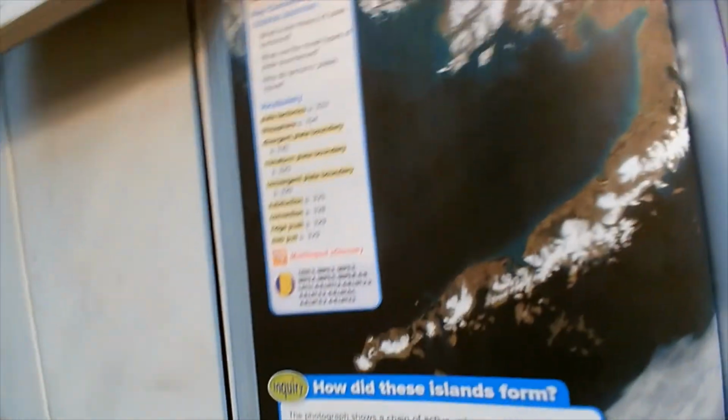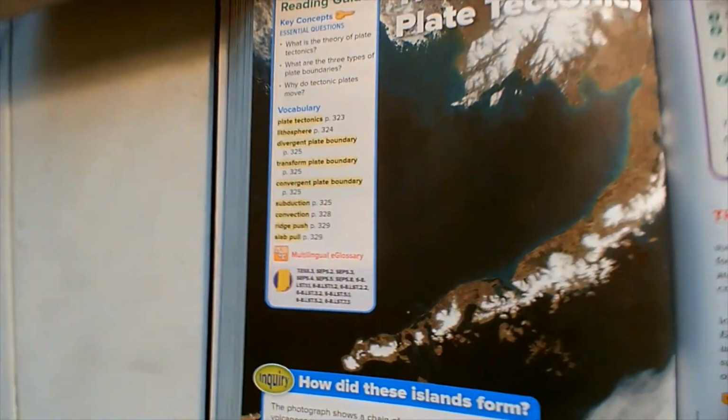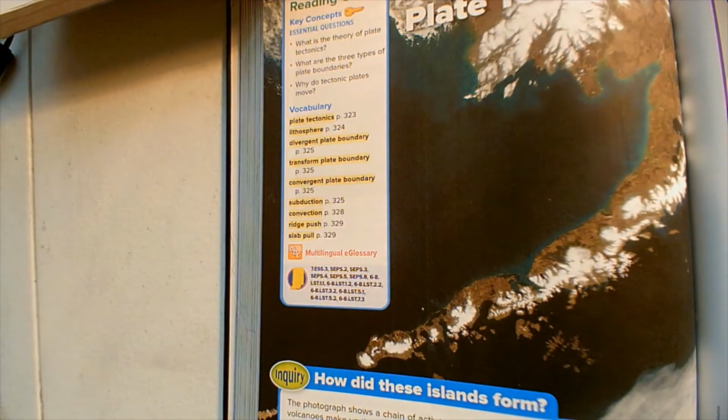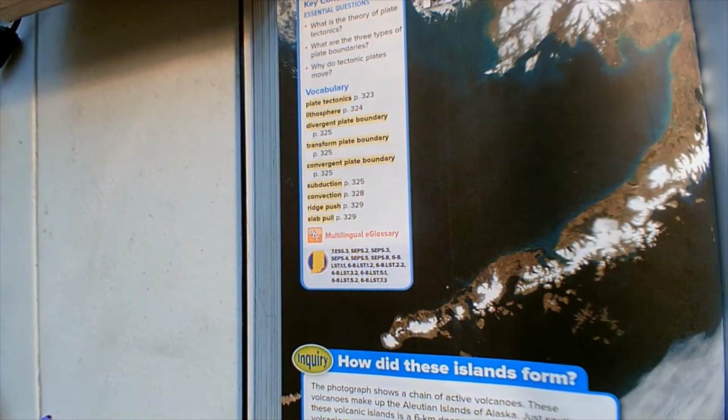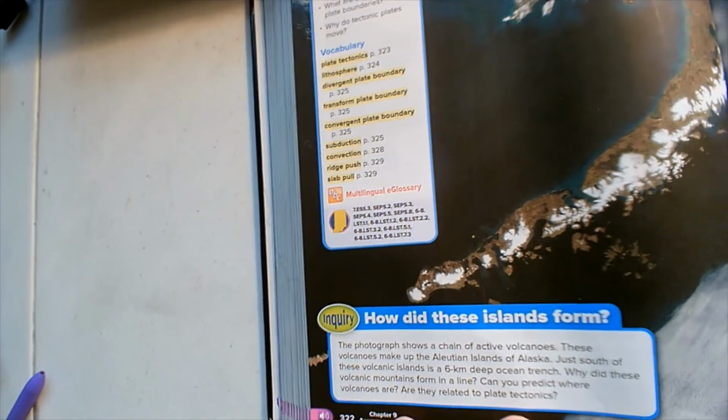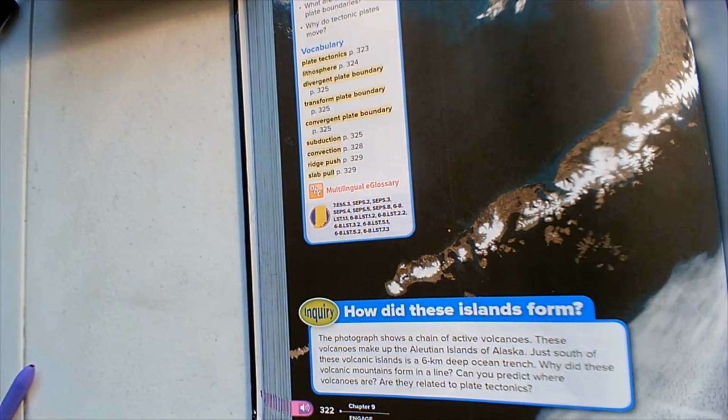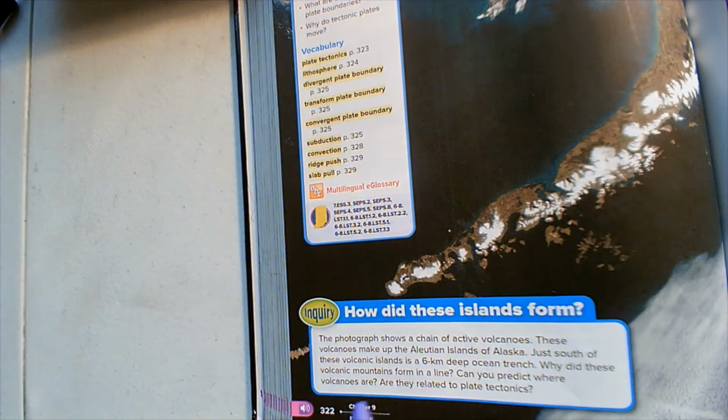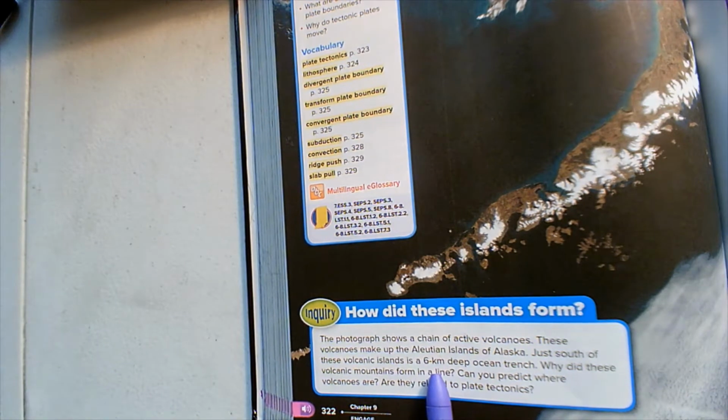This picture is a picture of the Aleutian Islands off the southern coast of Alaska. It says this photograph shows a chain of active volcanoes. These volcanoes make up the Aleutian Islands of Alaska. Just south of these volcanic islands is a 6-kilometer deep ocean trench.